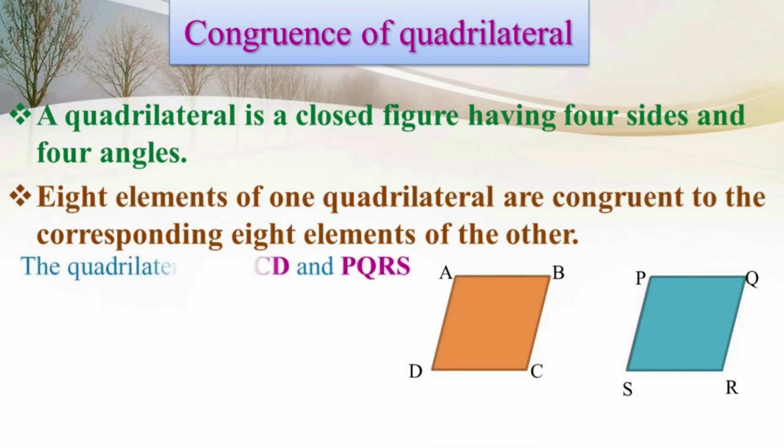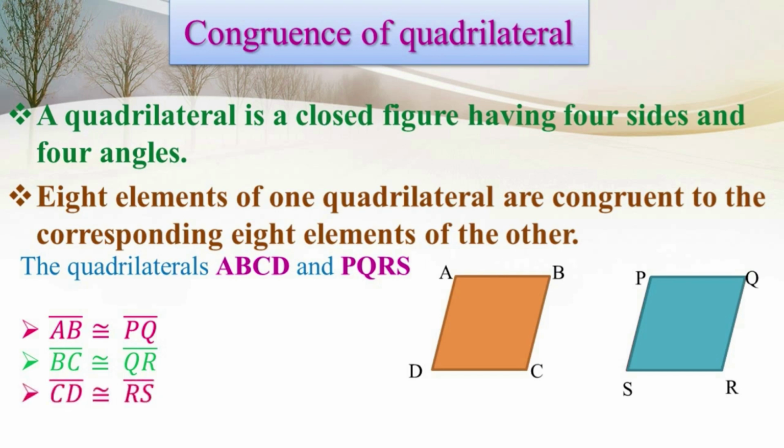In quadrilaterals ABCD and PQRS, the first element is side AB is concurrent to side PQ. Likewise, side BC is concurrent to side QR, side CD is concurrent to side RS, and finally side DA is concurrent to side PS.